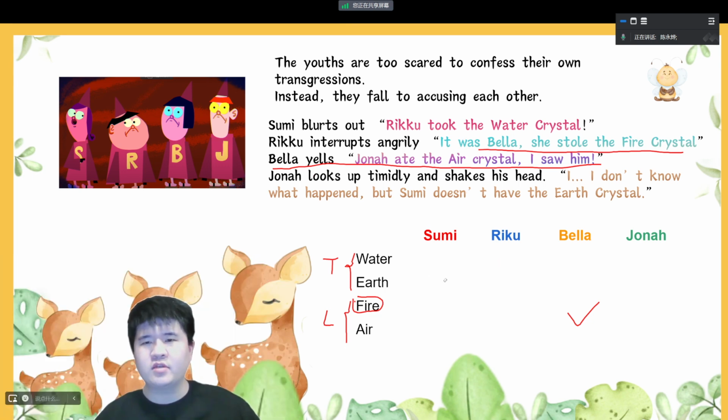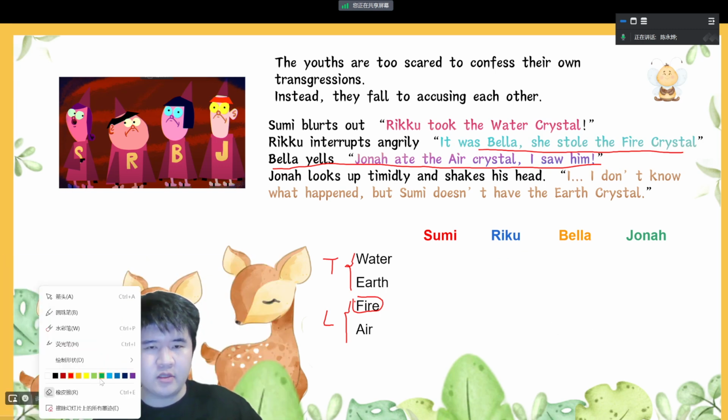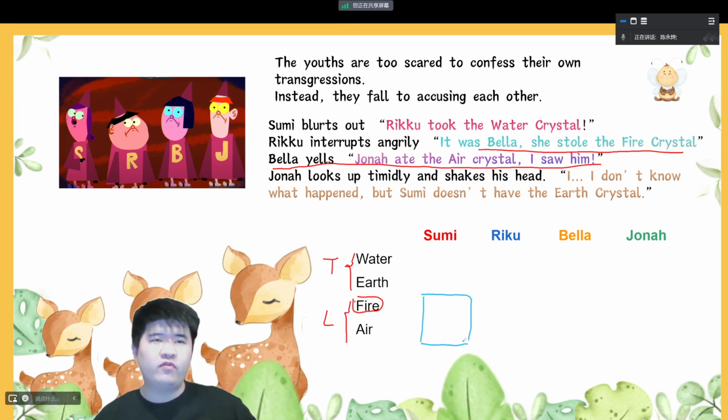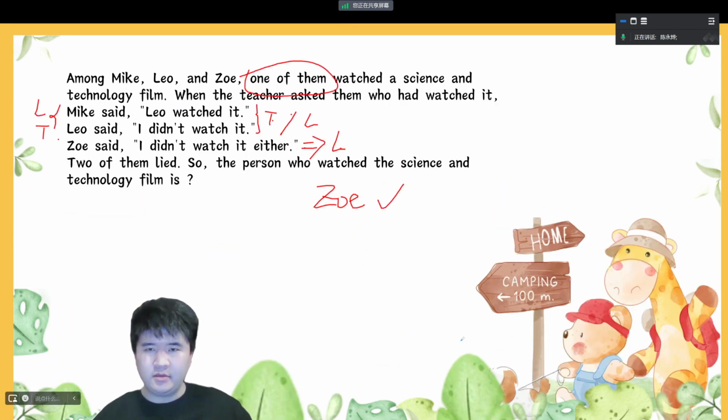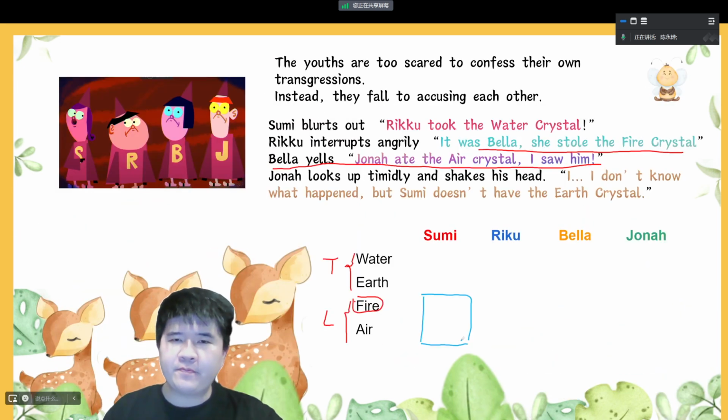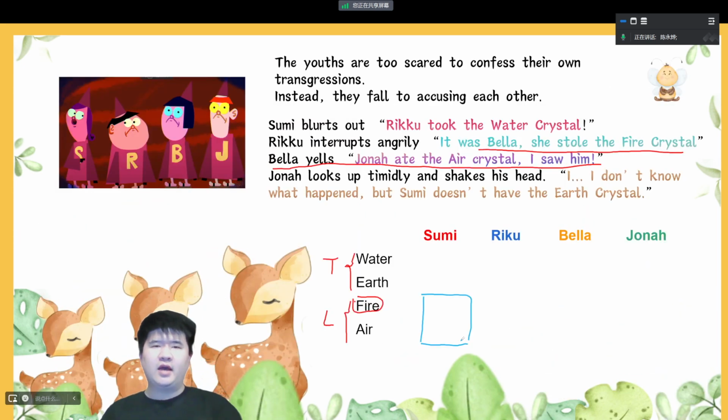So we find out Sumi cannot tell the truth. And what does that mean? It means Sumi's crystal must be fire or air. She must be telling lies here. And let's look at the last one.